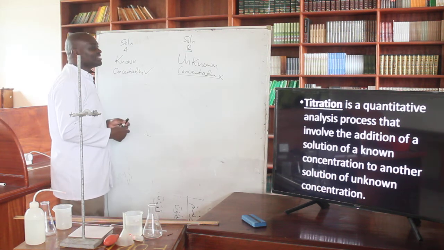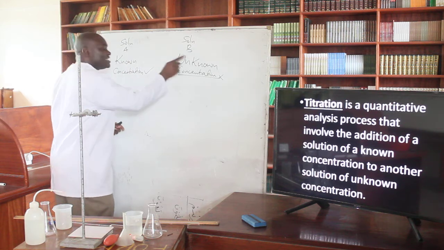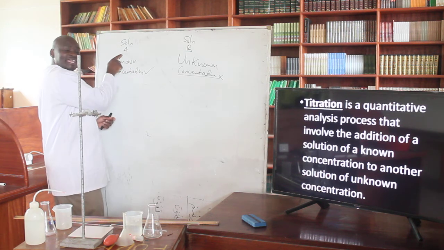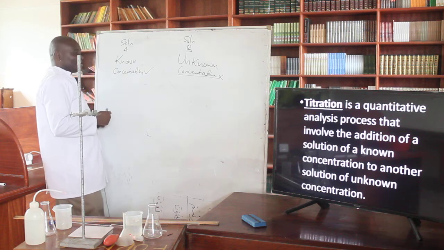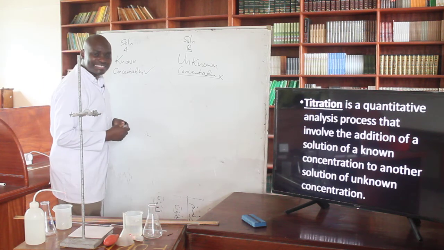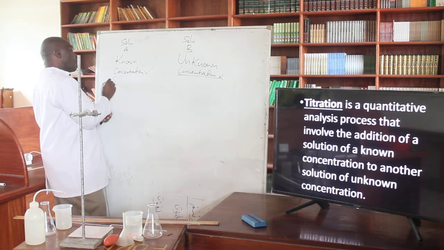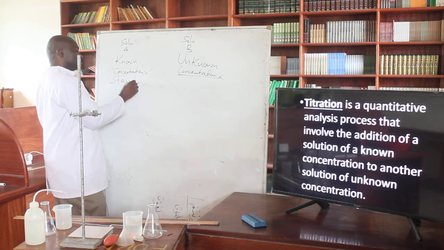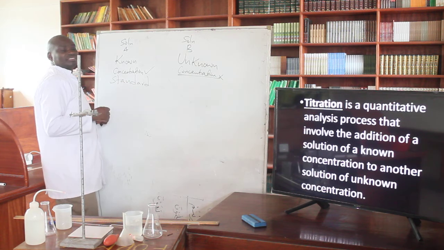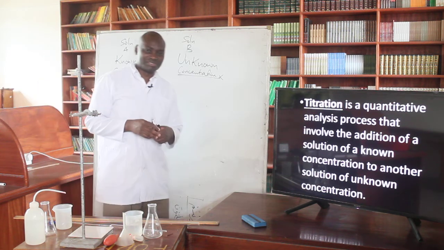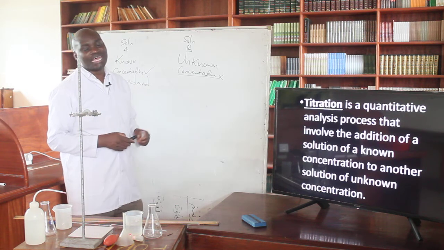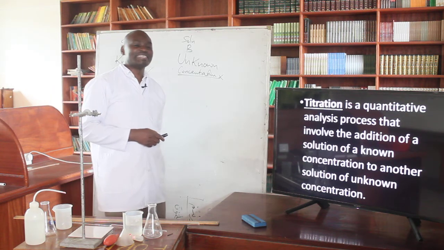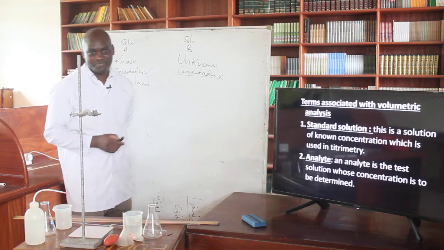We must carry out a reaction between A and B so that we can use A to verify the concentration of B. A solution whose concentration is known is normally called a standard solution. Such a solution is called a standard solution. So we are going to deal with two solutions here, one known and the other unknown.